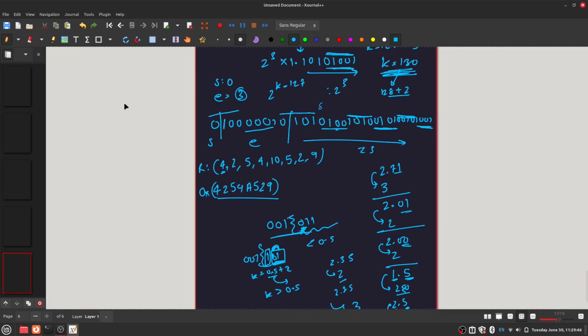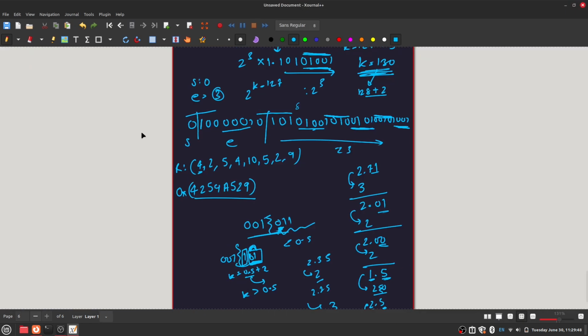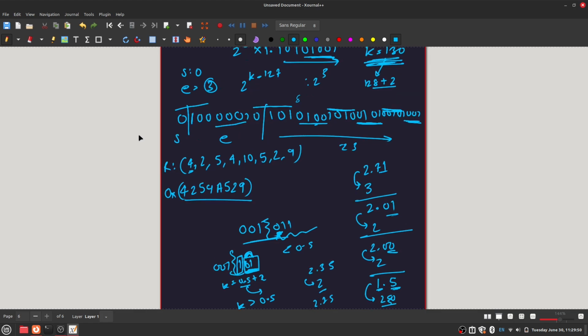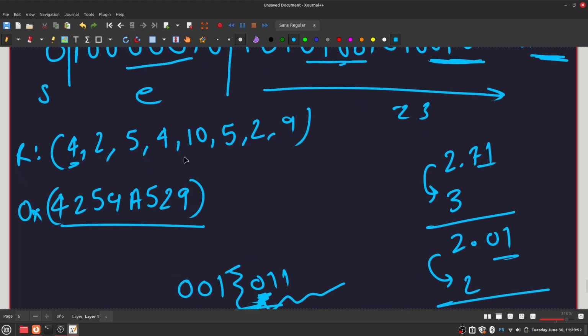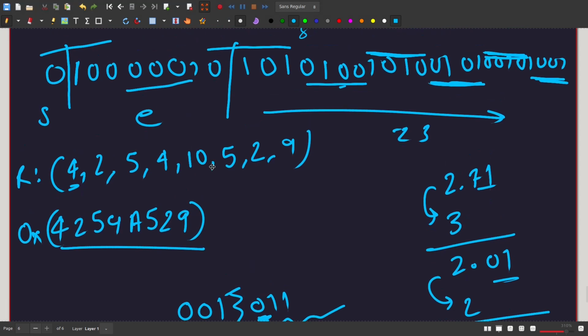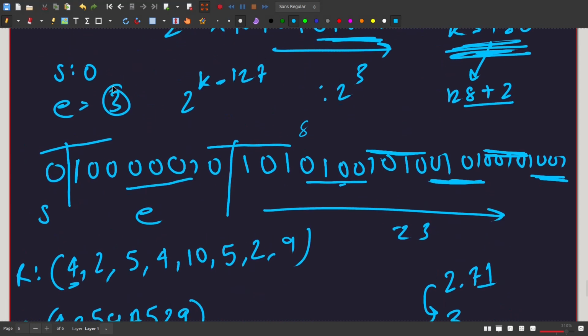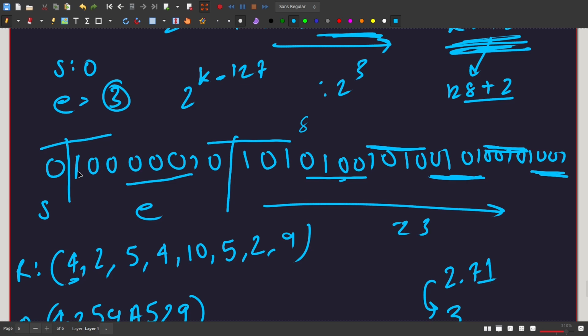Seems like I made a mistake while counting the length, in a sense, of the binary strings. 1 2 3 4 5 6 7 8. You know what I could do?